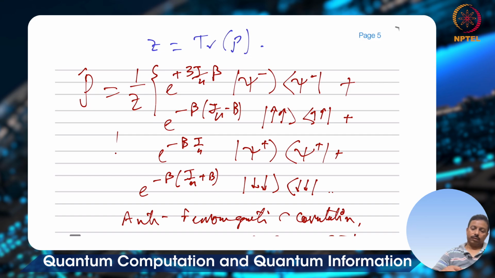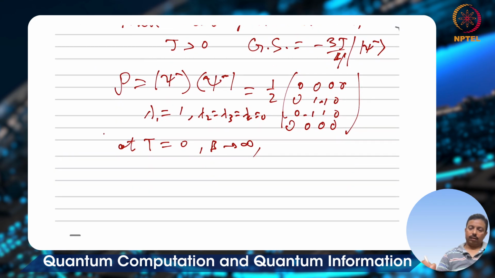Okay, right. So at T goes to 0, beta goes to infinity, so the e to the power minus infinity vanishes. So basically, in such circumstances, what we have is effectively the only psi minus, so it's a pure state, so it's maximal. So at T equal to 0, the system is maximally entangled.